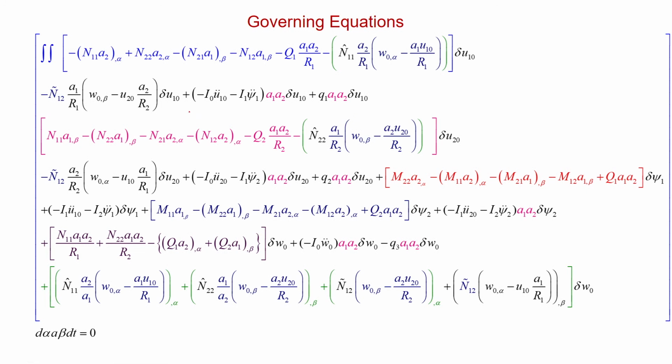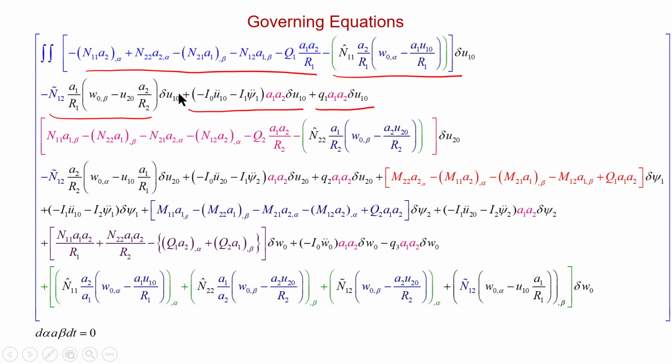This is the contribution of kinetic energy, this is the contribution of external work done and this is the contribution of internal work done, having a linear contribution, and this is the non-linear contribution.